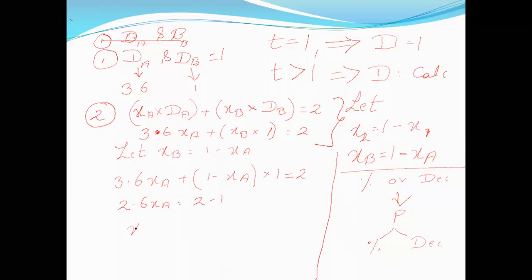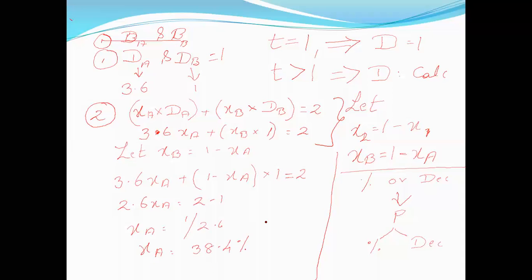So my equation becomes xa is equal to 1 by 2.6. If you solve this, you get somewhere around 38.4% as the proportion of investment in bond A.